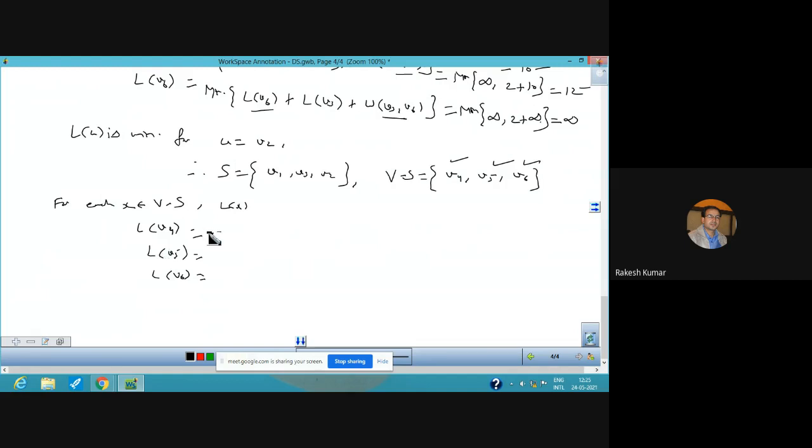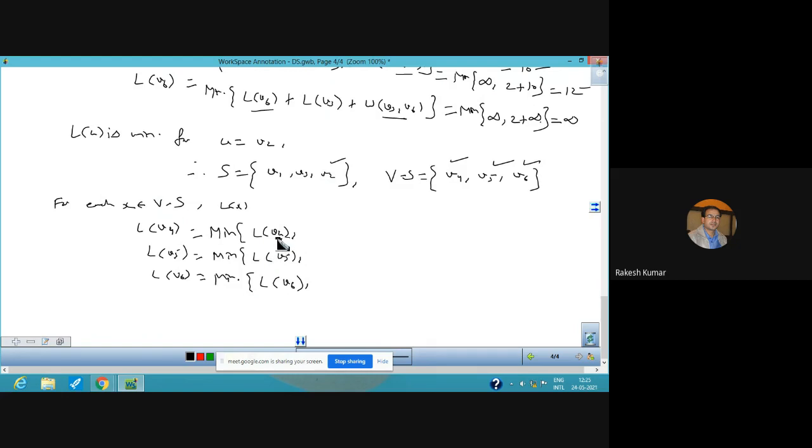Now let us use the formula. Now the previous vertex is V2. So V2 will act as the base vertex here. So the minimum of LV4, and similarly the minimum of LV5 and the minimum of LV6.